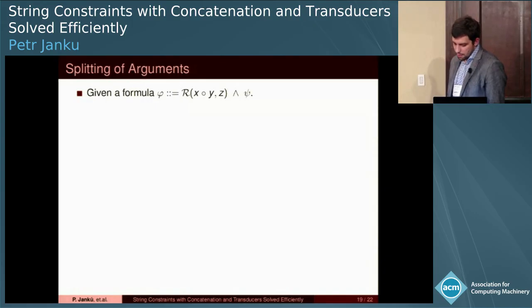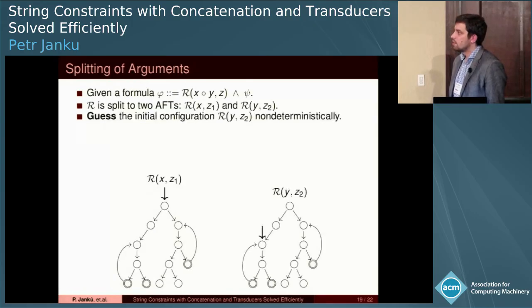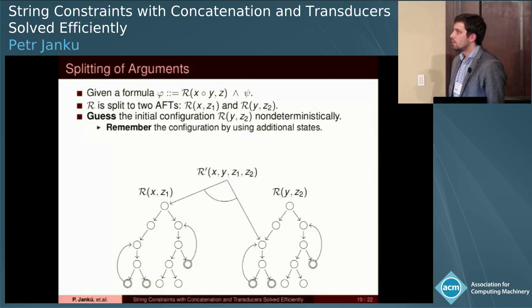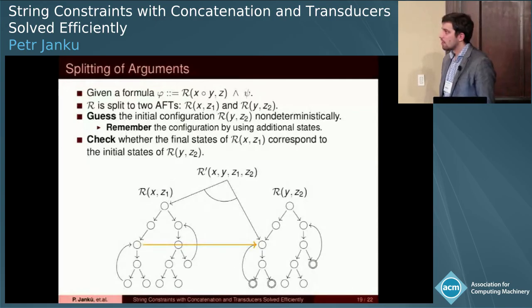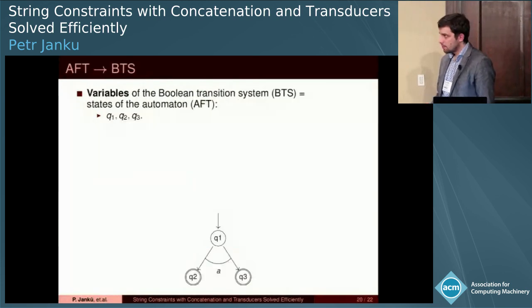At the beginning, we guess the initial configuration non-deterministically. Then we save the configuration by using additional states, and at the end of the run, we check whether the final states of the left transducer correspond to the initial states of the right transducer. This is possible via generalized final and initial formulae.